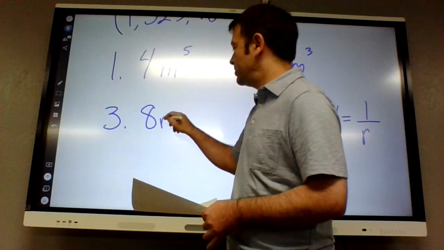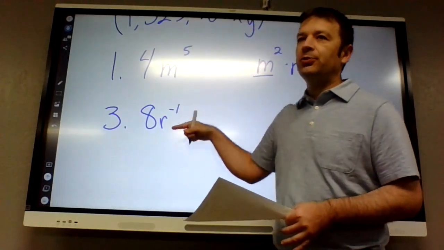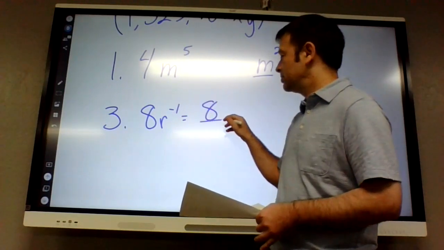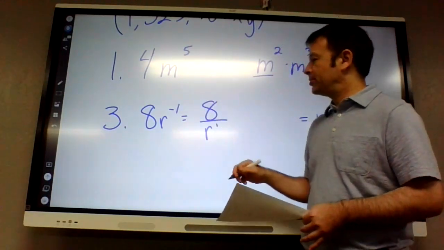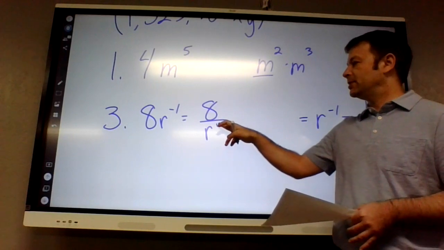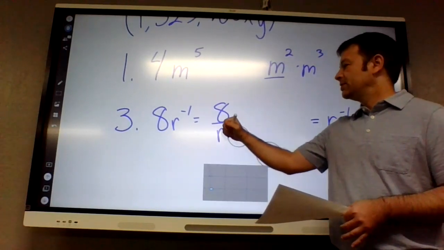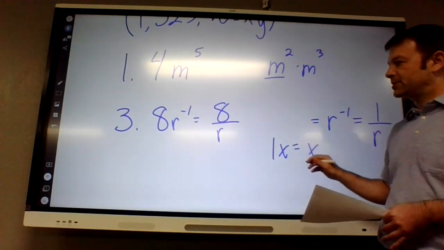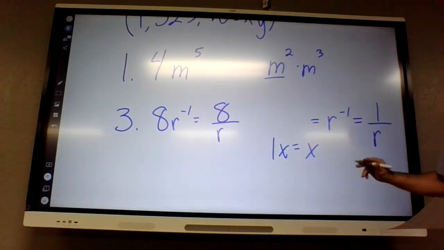It's basically 8r to the negative 1, and the r is going to flip to the bottom. If you put r to the 1, that would not be wrong, but it's kind of like 1x is the same thing as x. You just don't need to write the 1.